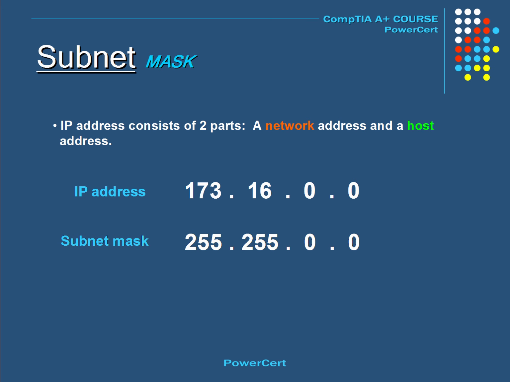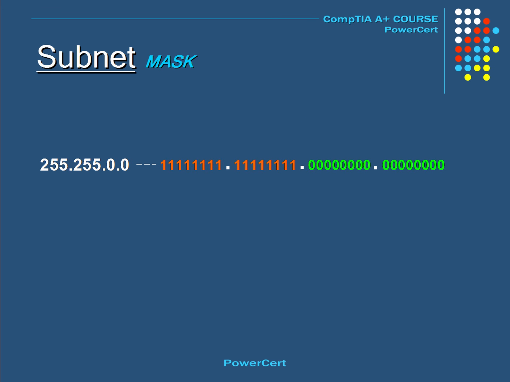It reveals how many bits in the IP address are used for the network by masking the network portion of the IP address. So in this subnet mask, the first two octets are 255. And if we were to look at this subnet mask in binary form, the first two octets would be all ones, because when you count all the numbers in an octet, it will equal 255.